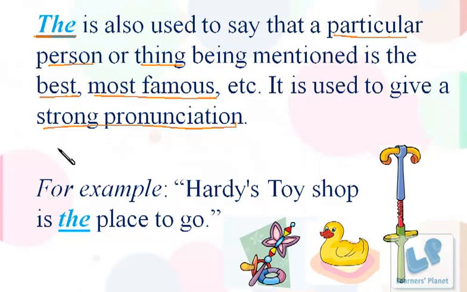It is a place or a thing or a person who is worth it. Now let us take an example for this. Hardy's toy shop is the place to go. So over here, the toy shop that we're talking about is not just any toy shop. It is really very special, and it is actually the place to go, a place which any person should visit.